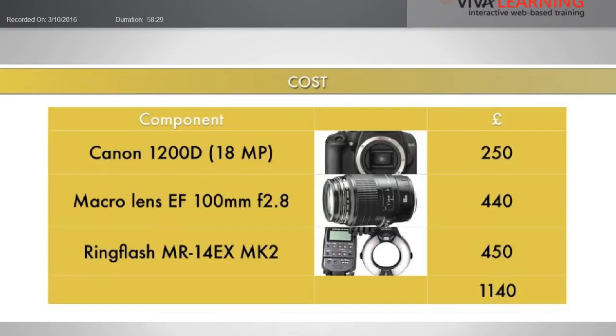The Canon ring flash, I would say, is by far and away the best on the market, but there are various copies, clones as you like, which you can buy from Amazon just by typing in ring flash for Canon or ring flash for Nikon. You'll find cheaper copies that seem to work okay.